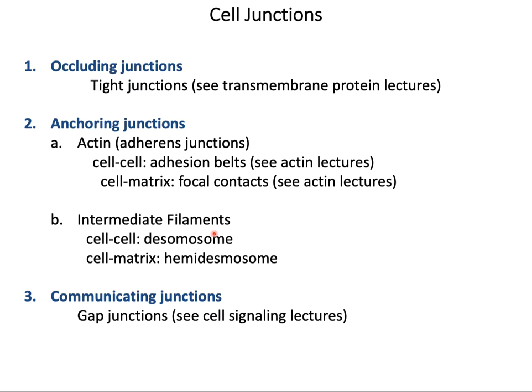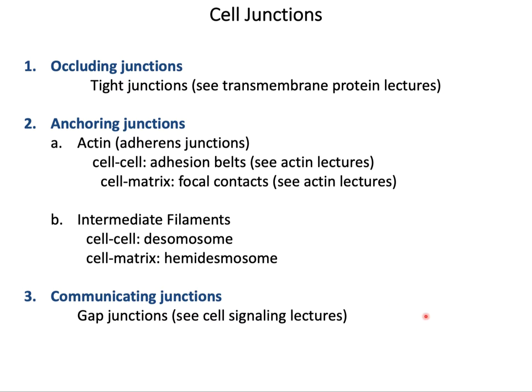And these are probably the only two new structures that we will encounter in our discussion on cell-to-cell and cell-matrix interactions. And finally, the third type of junctions are known as communicating junctions, and it's through these types of junctions that the cells communicate with each other. An example of a communicating junction is the gap junction. And we also introduced the gap junction in the cell signaling lectures.